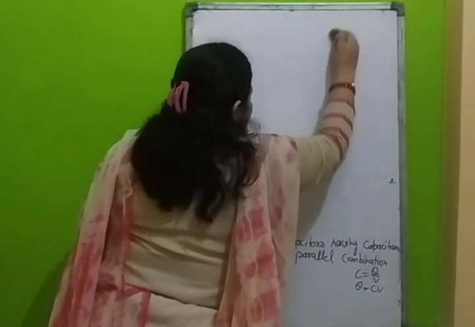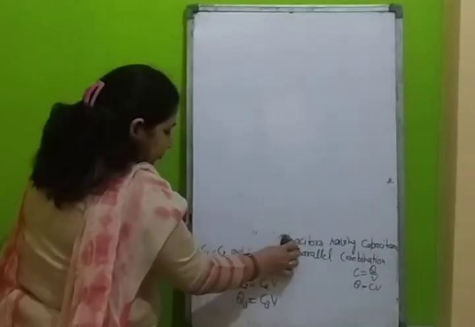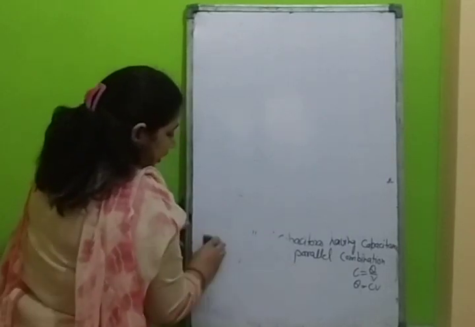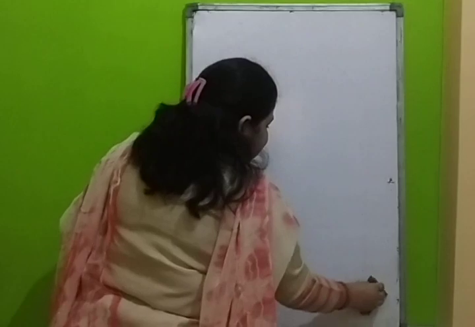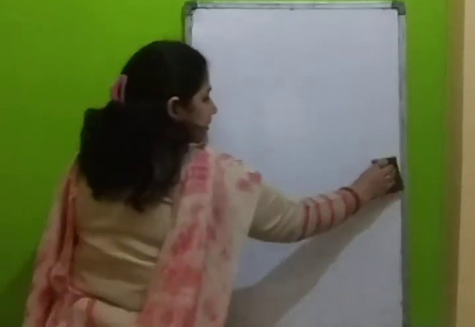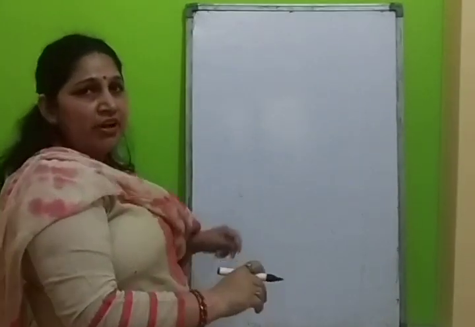When we charge a capacitor, then how much work we have done on it, and this work is stored as the potential energy of the capacitor. Now we will do the next derivation for the potential energy of a capacitor.